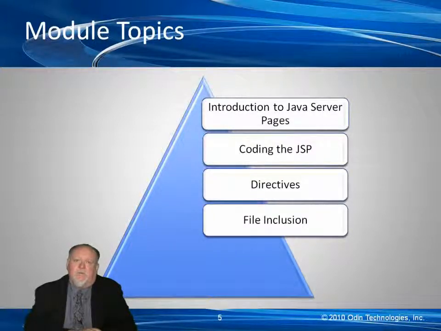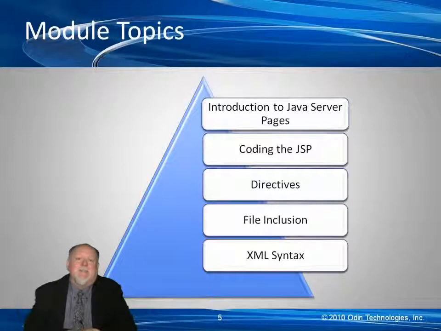File inclusion allows us to take a modular approach to the development of JSPs. And by modular, I mean this. Rather than coding one giant JSP that does several functions, we may want to code a particular JSP for each function and have them included in a modular format, in the same way that we might have coded other applications with discrete functionality.